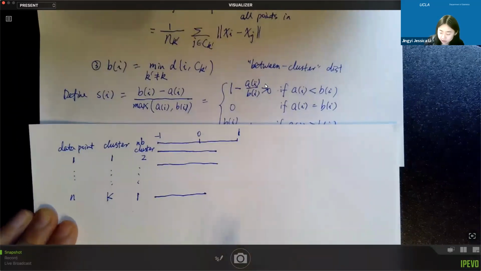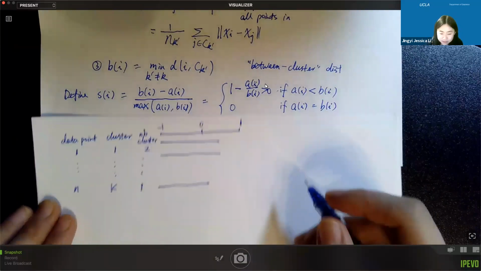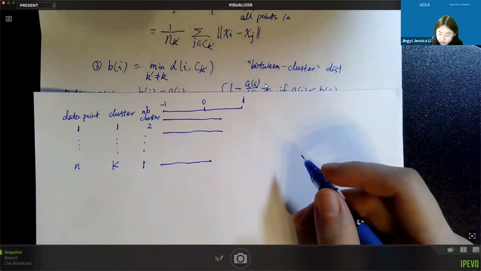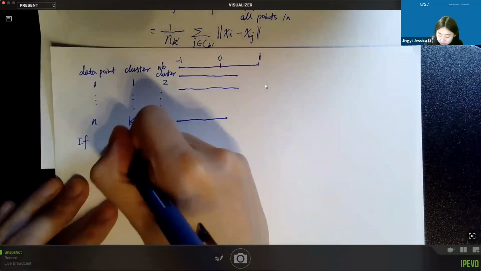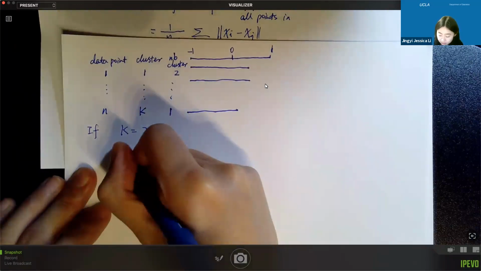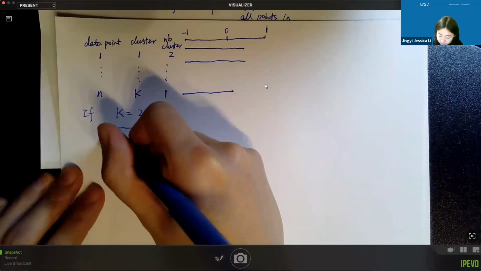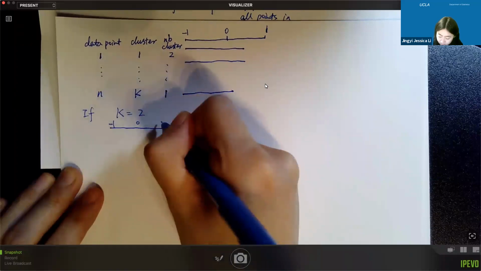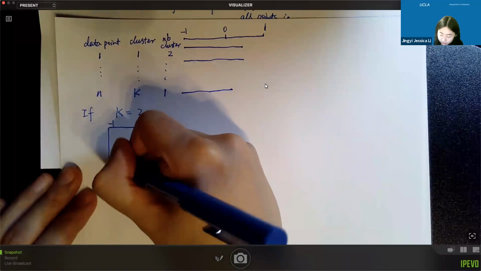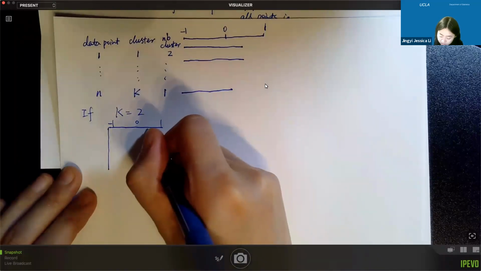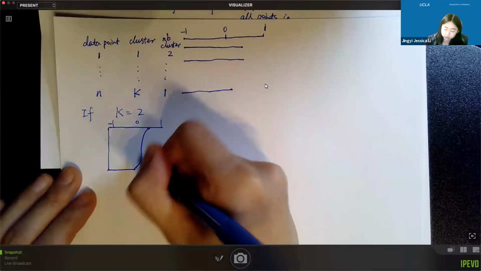So in other words, the silhouette plot will give you something like a shape. I'm just making up an example to let you see that. So if K equals 2, the silhouette looks like this. I'll mark it here. If the pattern looks like this, this is for data points. Because you have many data points, you will have quite a smooth shape.